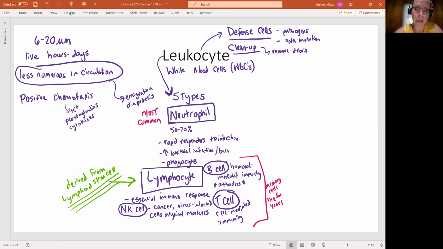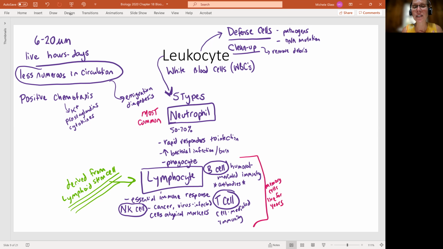So up there at the top, we talked about how these white blood cells are living for hours to days. And we also talked in the endocrine about the thymus as where T cells mature, and the thymus becomes less active with age. But what we see is our memory cells live for years.